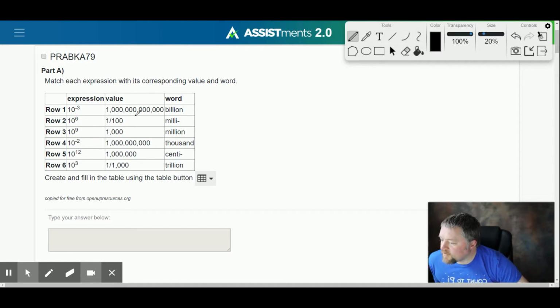The big important idea of this is 10 to a power is just a 1 with that many zeros after it. And if the number is negative, it is 1 over a 1 with that many zeros after it.